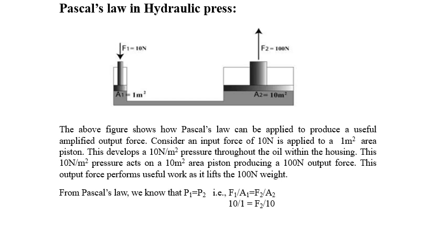Here F1 equals 10 Newton, and A1 is 1 meter square. F2 is unknown, and the area of the output piston is 10.